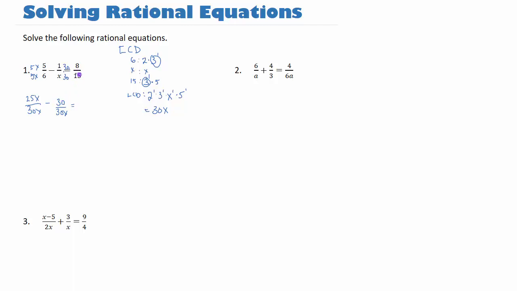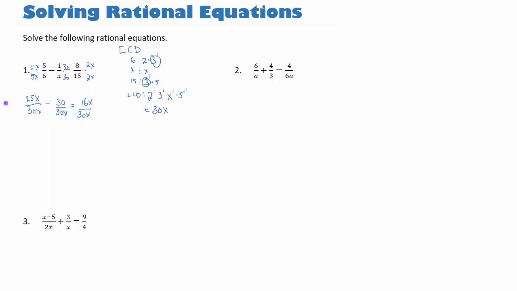Equals, what do I have to multiply 15 by to get 30x? I have to multiply the top and bottom by 2x. So the numerator becomes 16x. You might say, well, that makes things a lot more complicated, except if you look at this, all of the denominators are 30x. Some teachers and some professors will say, just cross those out.